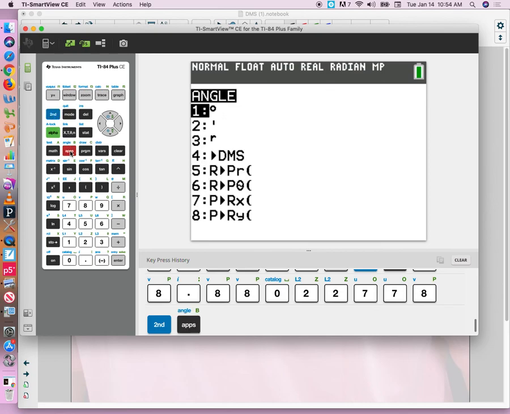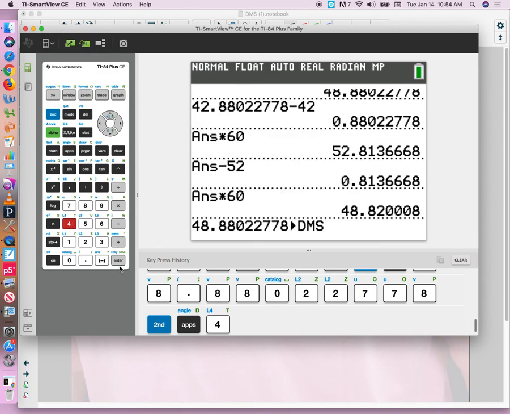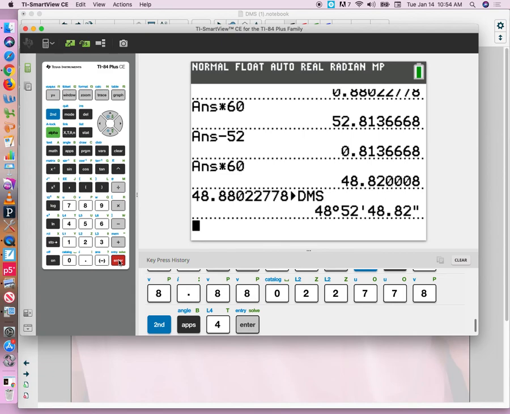Second angle, and I'm going to hit what? 4. What does 4 mean? That's degrees. Degrees, minutes, seconds. We call that DMS, degrees, minutes, seconds. Okay? So, if I'm going to degrees, minutes, and seconds, I use that menu. If I'm going from degrees, minutes, and seconds, I go the other way.